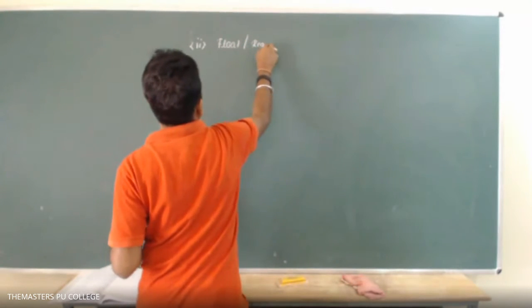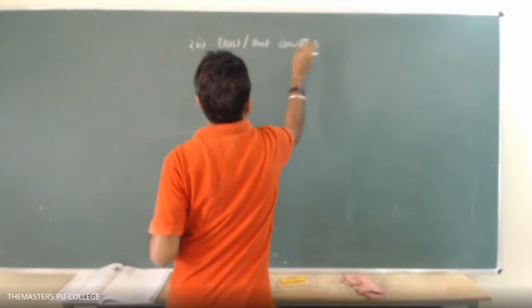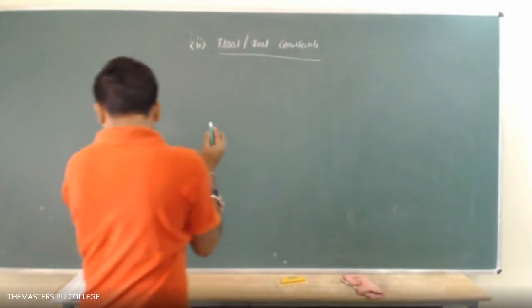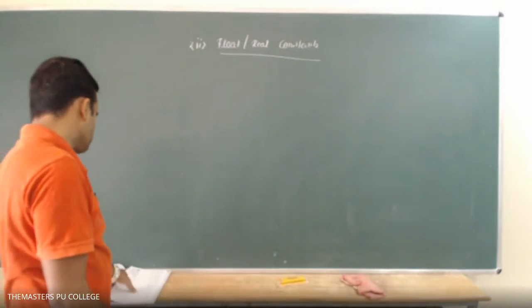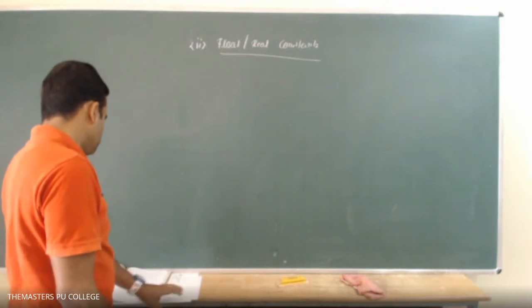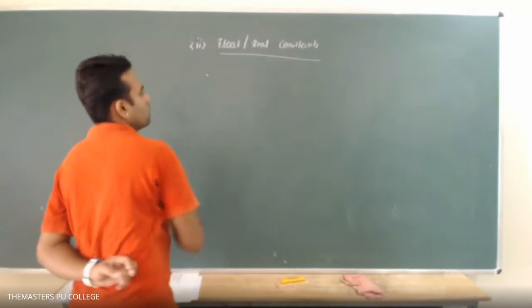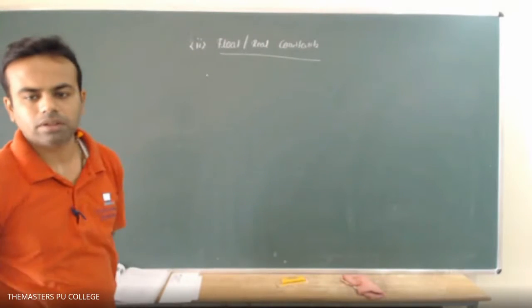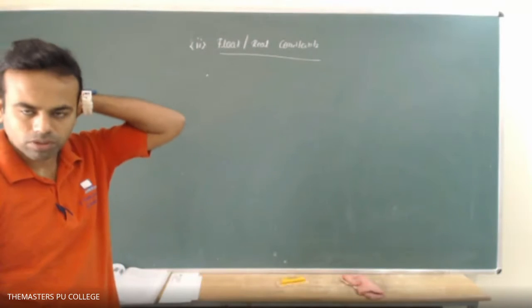First of all, let us look at the characteristics. The float constants are also known as real constants. First of all, we have to look at the characteristics or features of floating point constants.